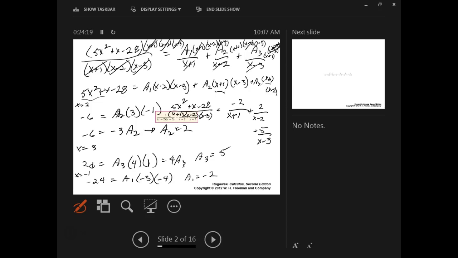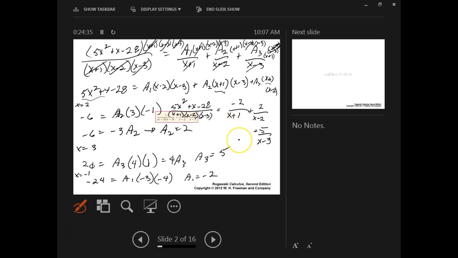Okay. So we've just shown how we go about doing this. Once we found the partial fraction decomposition, which we just did, we can then integrate the individual terms, and it's generally a piece of cake. Okay?